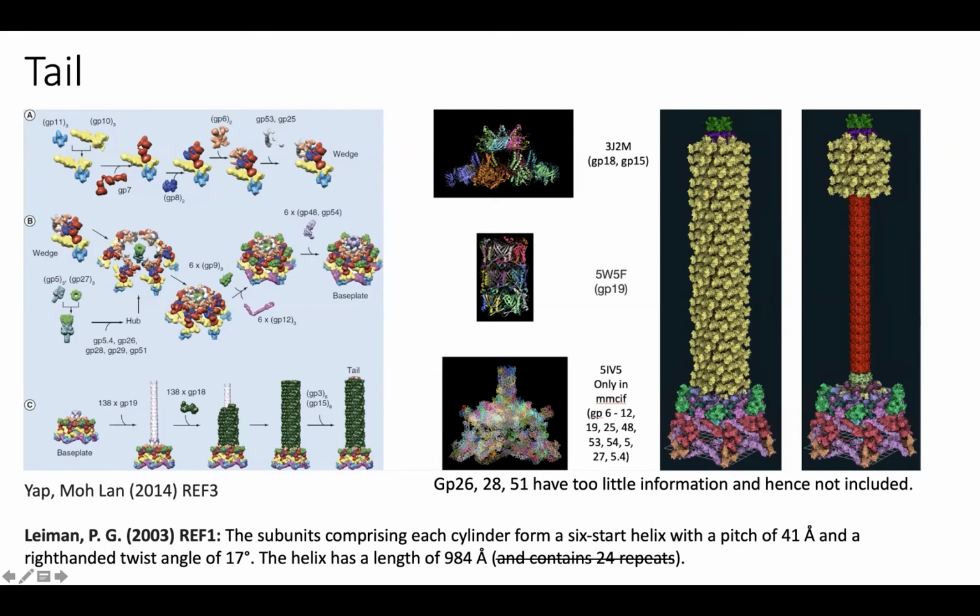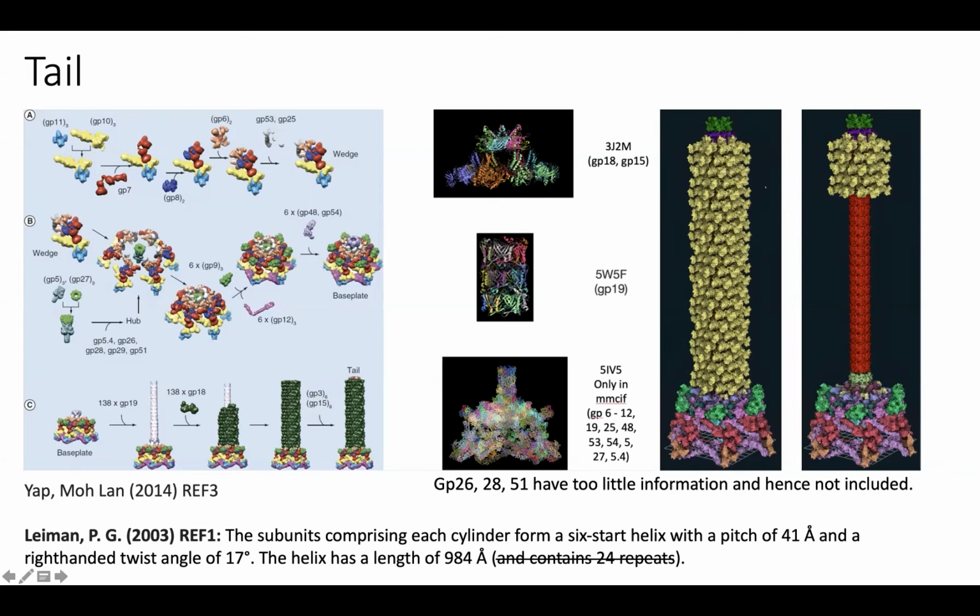For the so-called tube protein GP19, we used 5W5F, and we use 3J2M for the sheath protein GP18, that is here, and the sheath terminator protein called GP15. The result is shown here on the right.